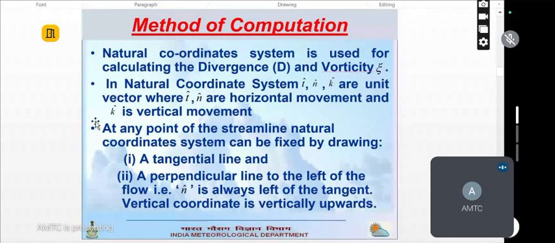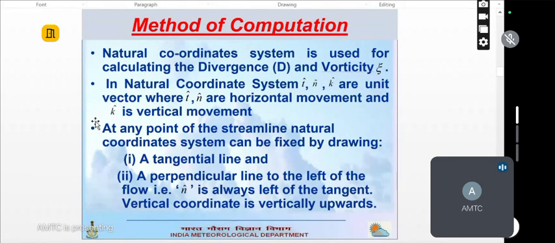If you have a globe in the classroom and put one pin at the equator, one at 30 degrees, one at 45 degrees, each pin will be in a different direction. Zenith will change. So we have this system known as the tangential coordinate system, also known as the natural coordinate system.